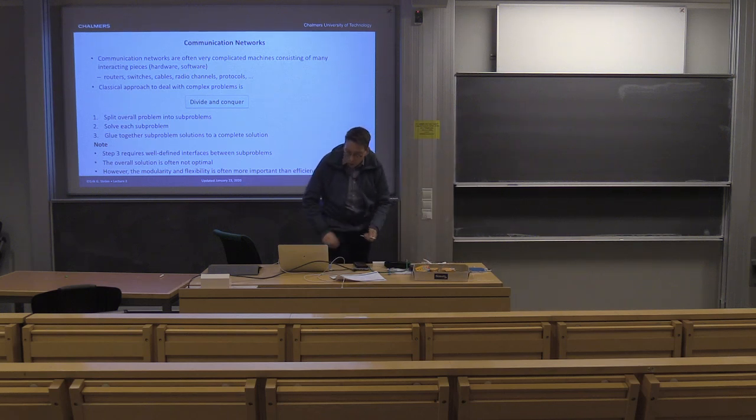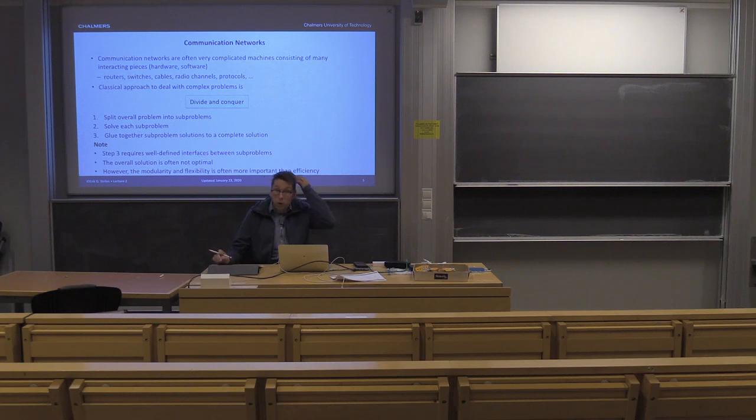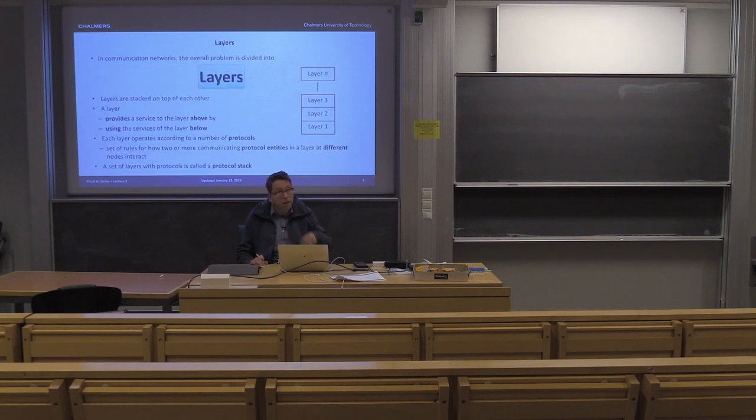Okay. So communication systems or communication networks are built on this fundamental idea of divide and conquer. And the division, when it comes to communication networks, the different pieces are called layers.